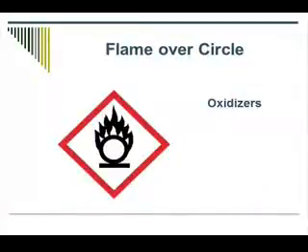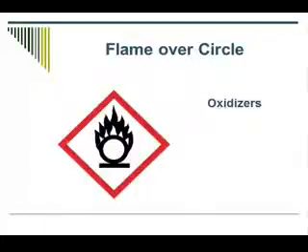The flame over circle pictogram classifies materials that are oxidizers. These are substances that enhance the burning of other materials through the release of oxygen. Oxidizers may react with other products to form noxious fumes. An example of an oxidizer is sodium hypochlorite, also known as household bleach.